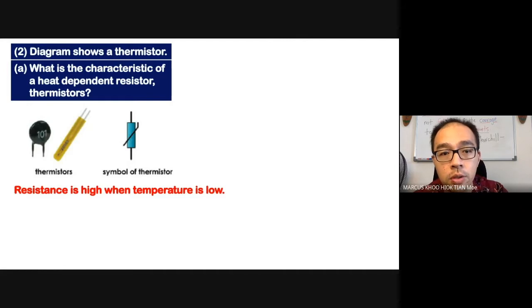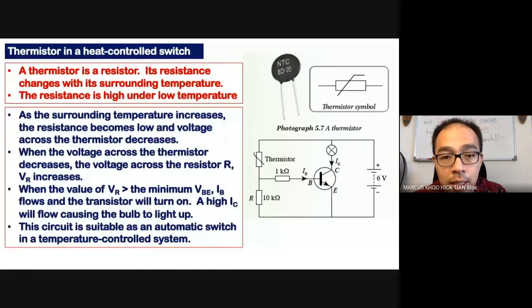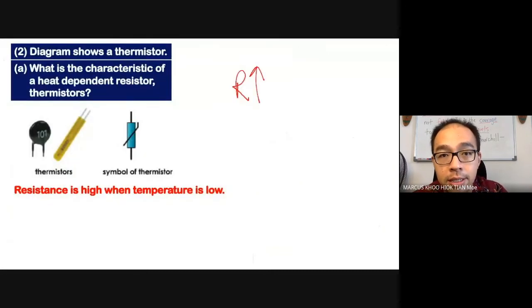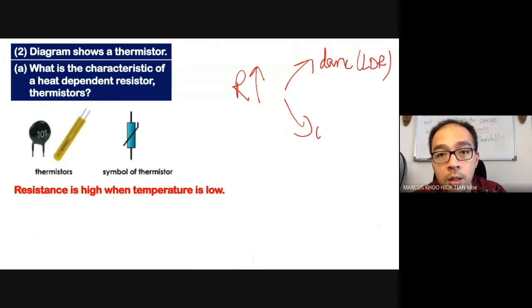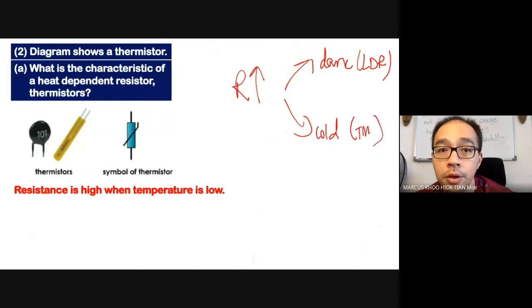As we said just now, the resistance increases in two situations: dark, kalau dia adalah LDR, dan cold or low temperature, kalau dia adalah thermistor. Resistance increases in these two situations.